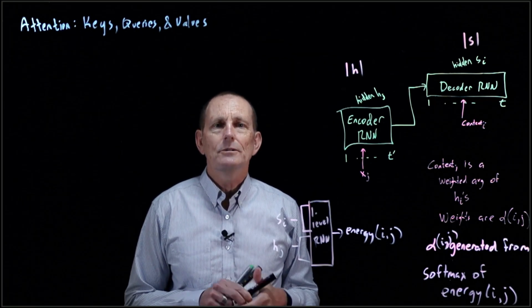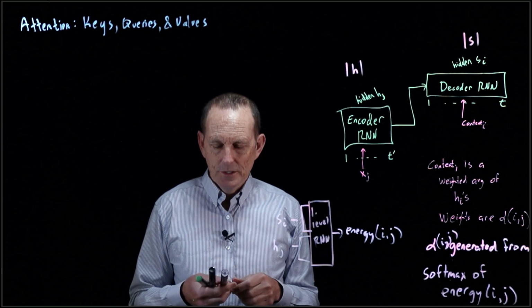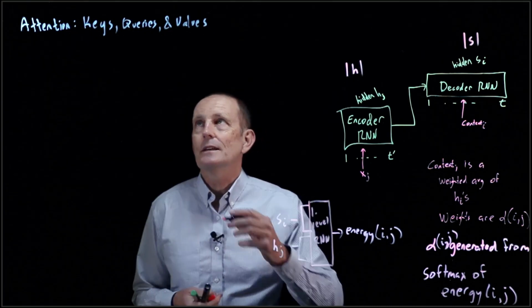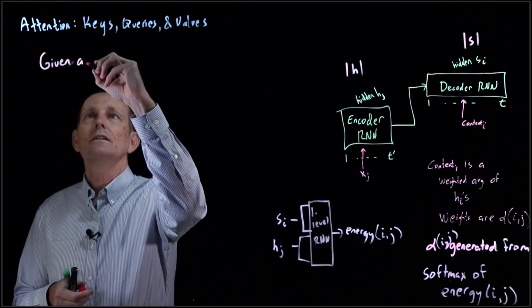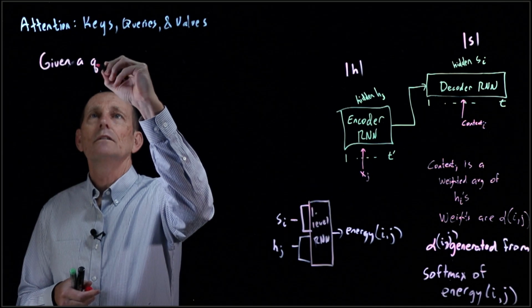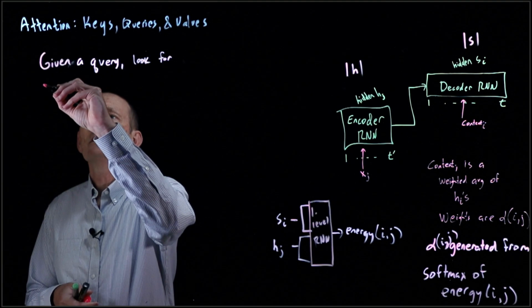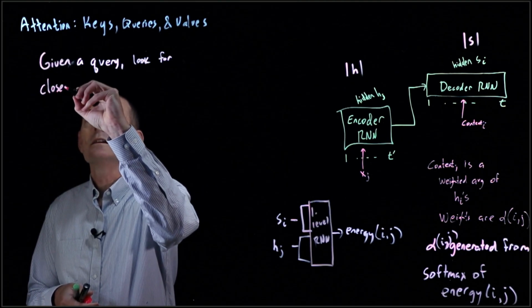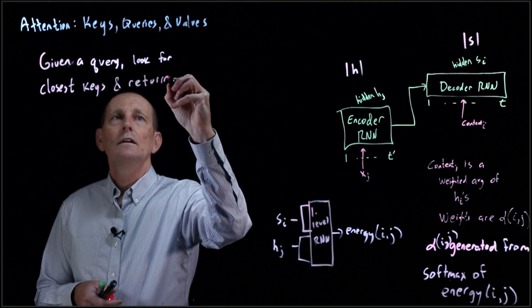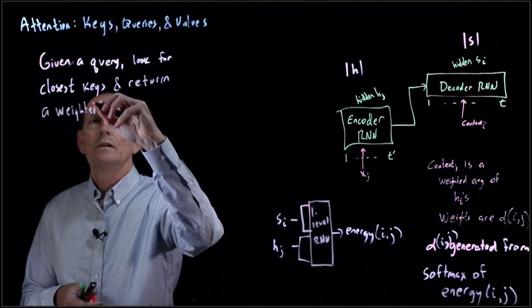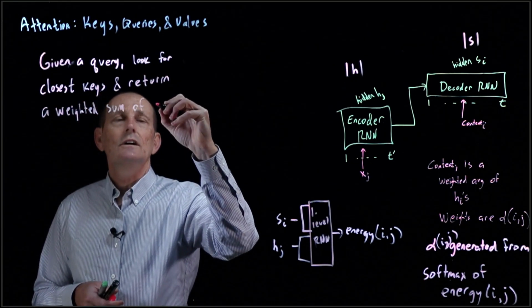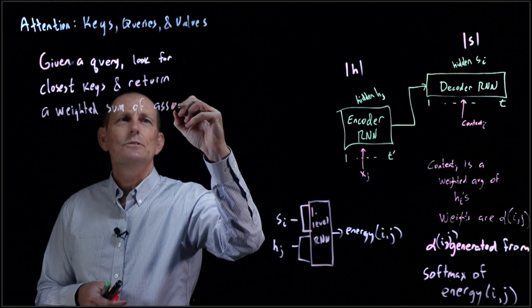So here's what we're going to do. Conceptually, given a query, we're going to look for the closest keys, and we'll return a weighted sum of the associated values.